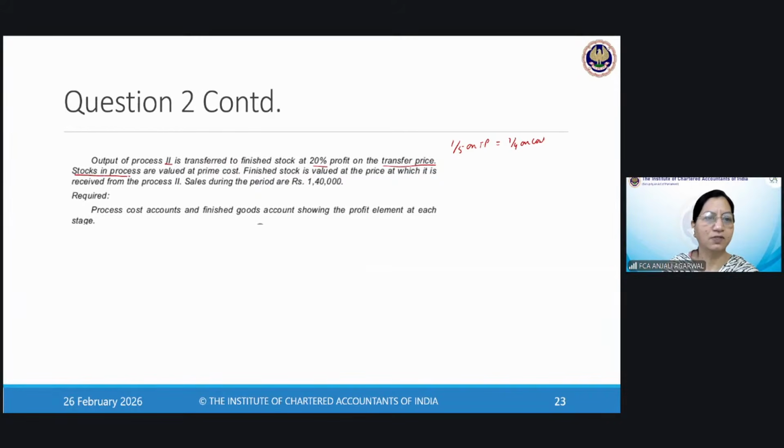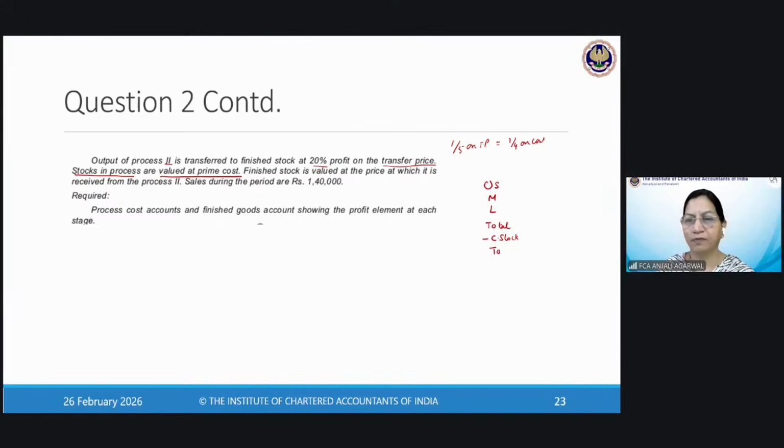Important line: stocks in processes are valued at prime cost. Like I said, this will generally be the last line in your question, or towards the end, so you have to be very careful. Our order would be opening stock, material, labor, total, minus closing stock.